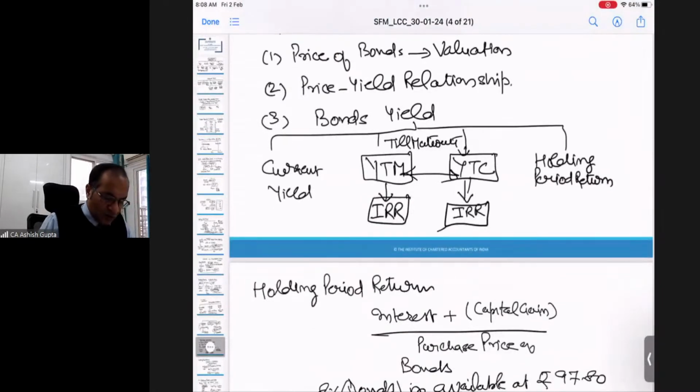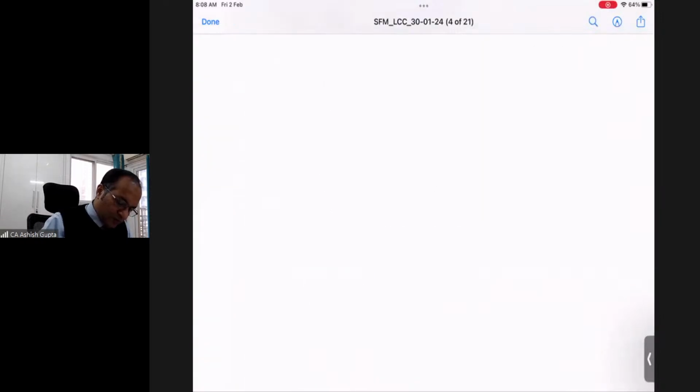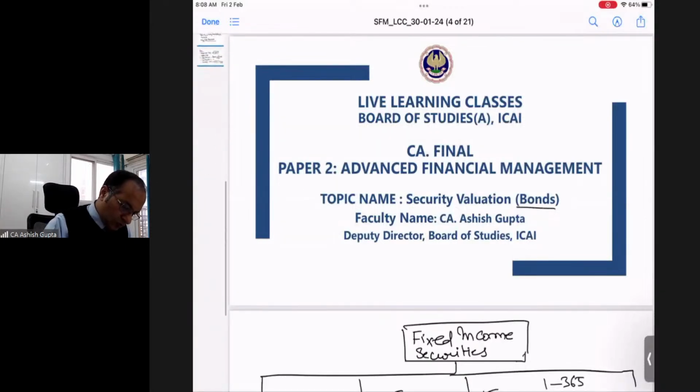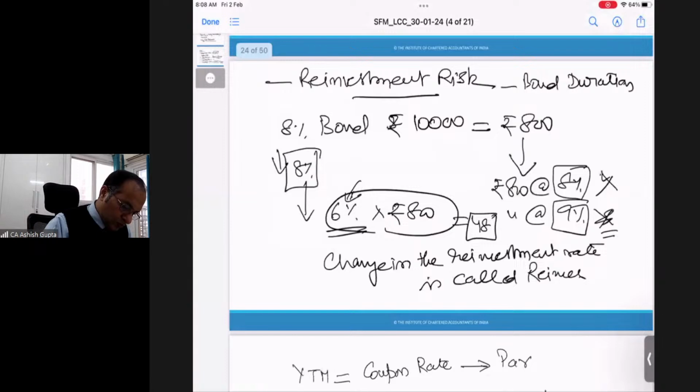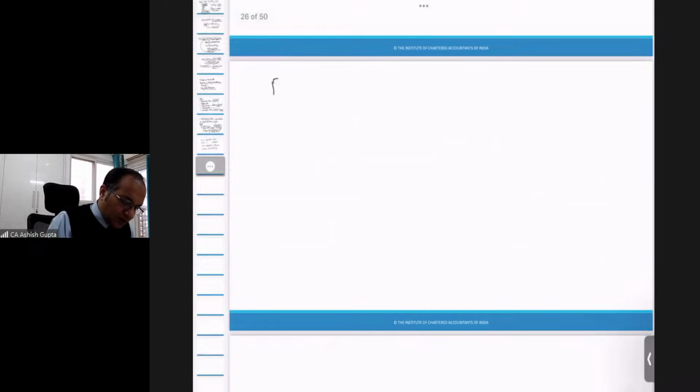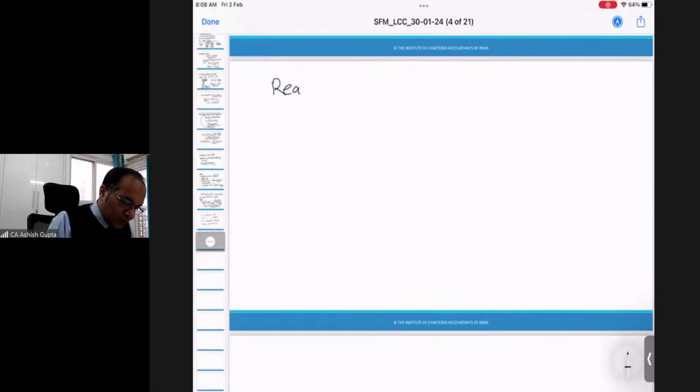When I was discussing bond yields with you, there was the term current yield, YTM, YTC, holding period yield. There is another yield also, that is called realized yield to maturity.